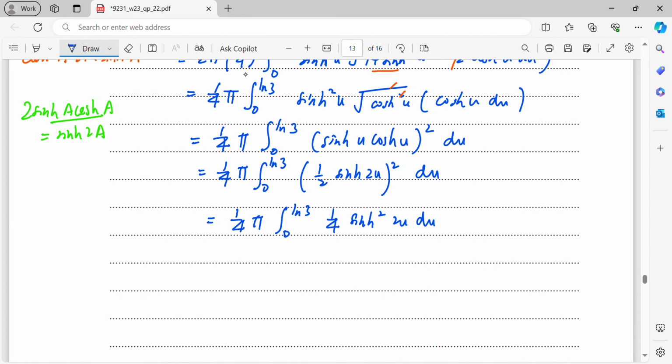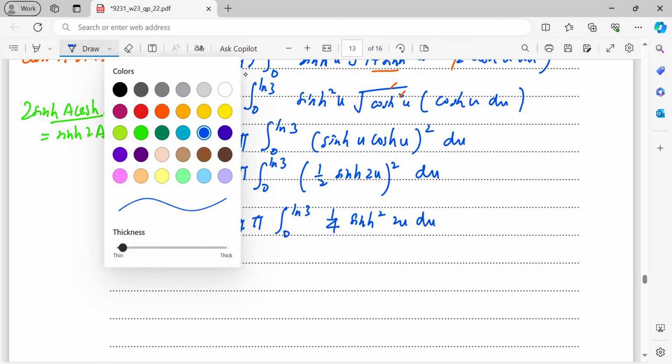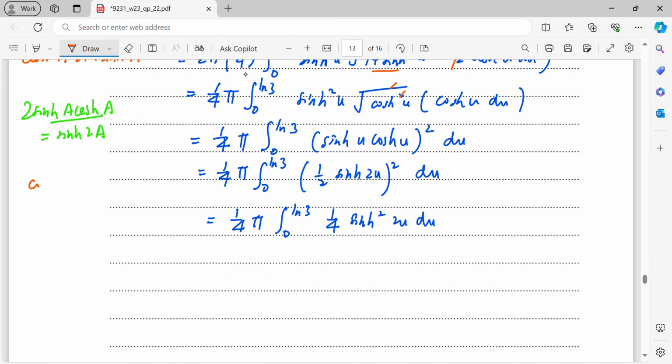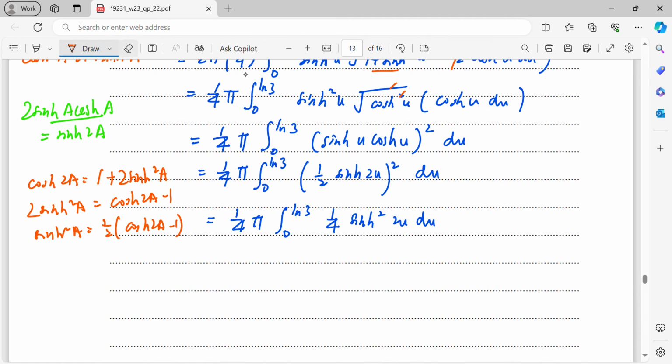Now to integrate sine squared, again another formula: cos 2a is 1 minus 2 sine squared a. So sine squared a is half of 1 minus cos 2a.